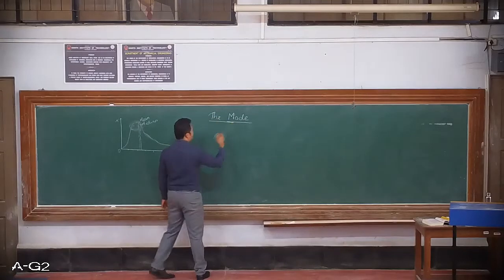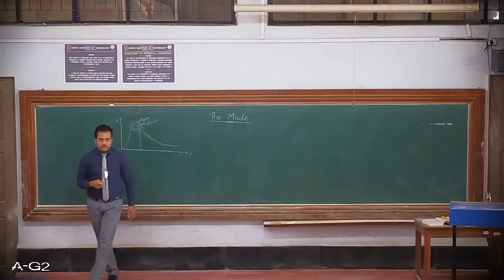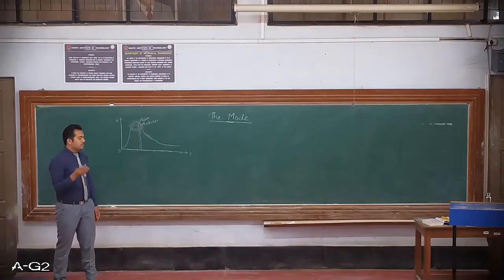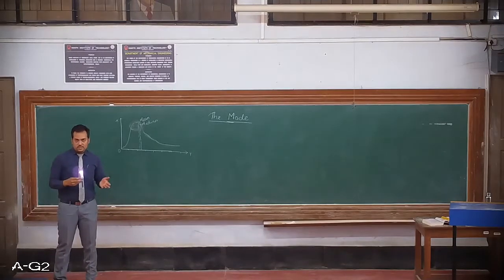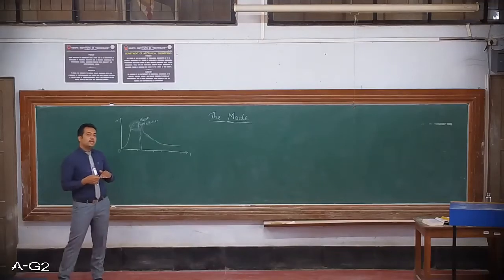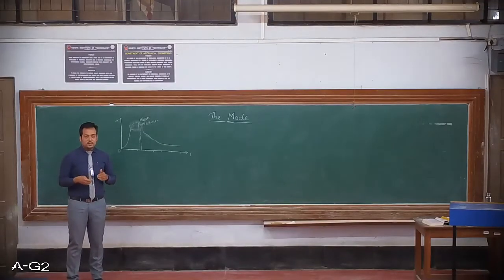So the mode value of the distribution is the one which has the maximum frequency, or the highest frequency. It is not only the element with maximum frequency, it is the considerable maximum frequency, or one of the highest frequencies, around which most of the items are dense.